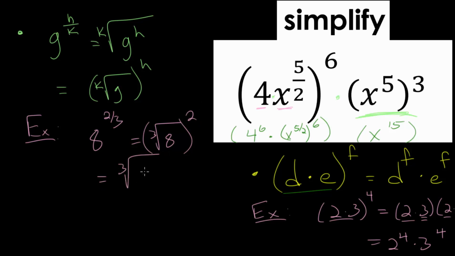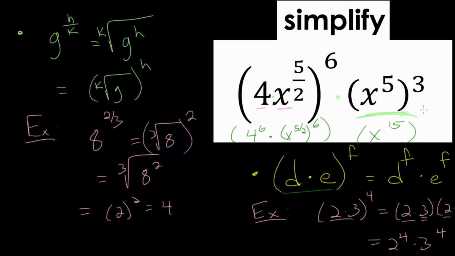We could have taken the cubed root of 8 squared, and both of these expressions will evaluate to the same answer. In both cases, the cubed root of 8 is 2, and we're squaring that, so we'd get 4. And if we did it this way, 8 squared is 64, and the cubed root of 64 is 4 as well.